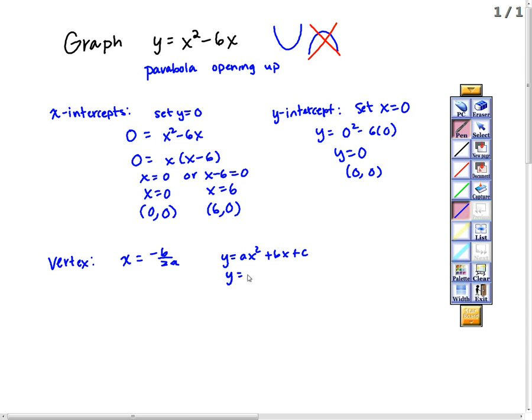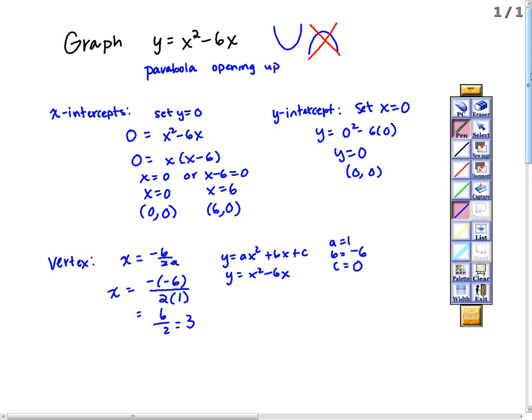Our equation is y equals x squared minus 6x. Do you see that a is 1, b is negative 6, and c is 0? So I can use this formula: x equals negative b, so the negative of negative 6, over 2 times a, 2 times 1. I get positive 6 over 2, so the x-coordinate of the vertex is 3.